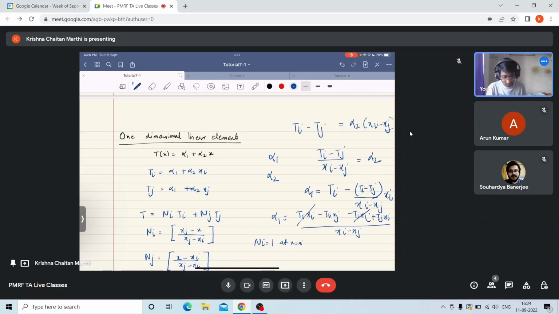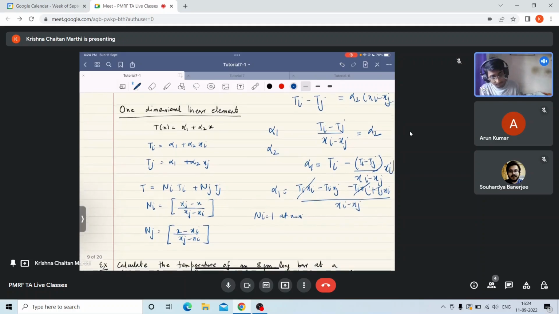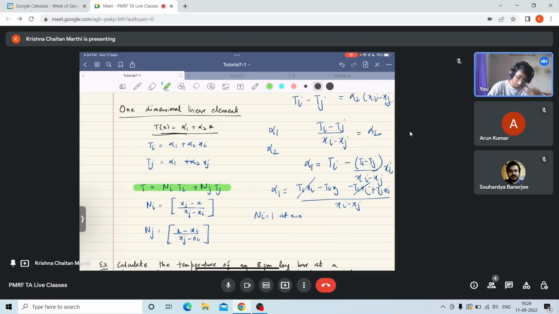Okay, so you substitute the values of alpha 1 and alpha 2 in this expression. Then take the values of Ti and Tj as common, and you can write the value of T in the form of Ni Ti plus Nj Tj, and here my Ni and Nj are shape functions.